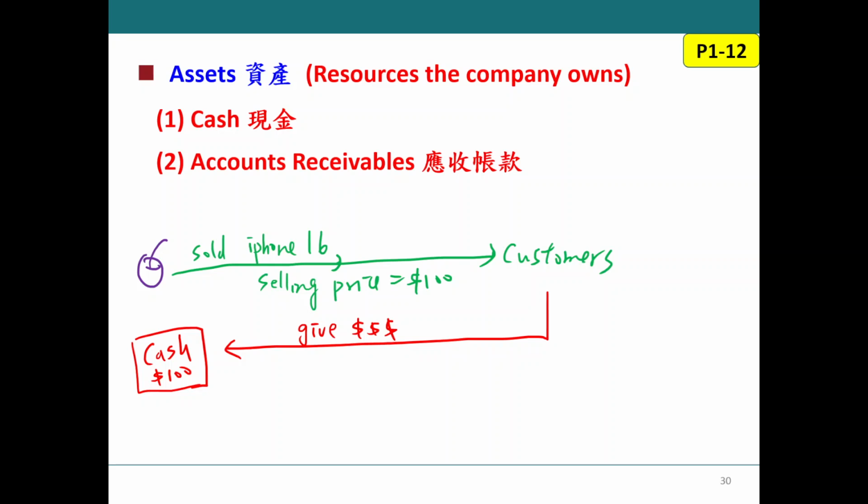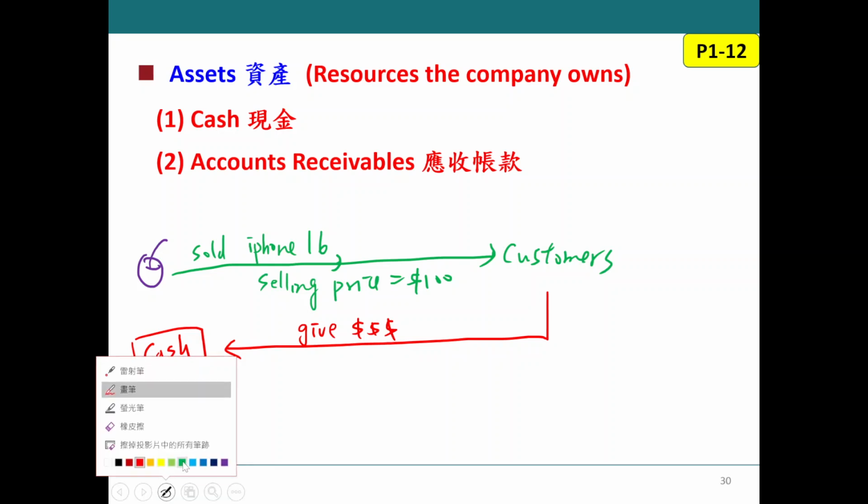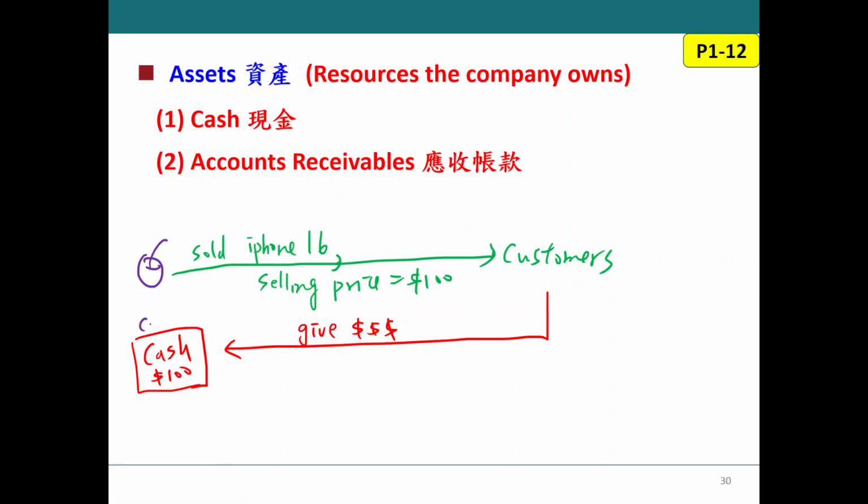They will pay the money later, like 2 months later or 3 months later. So customer pays the cash. This is the first case. So case 1.